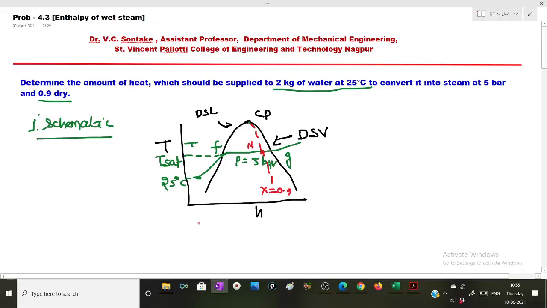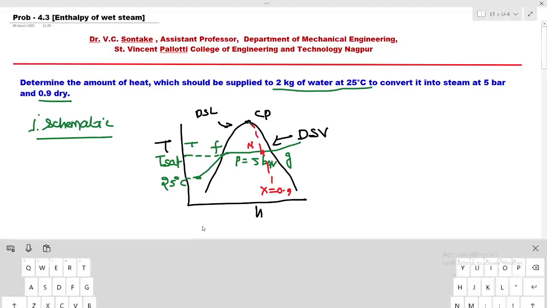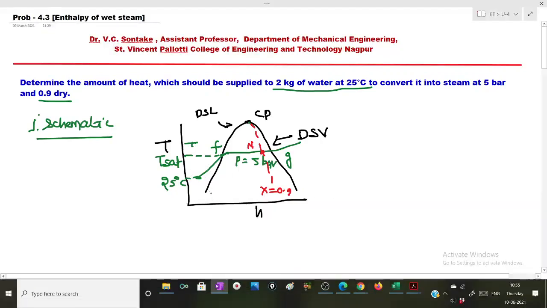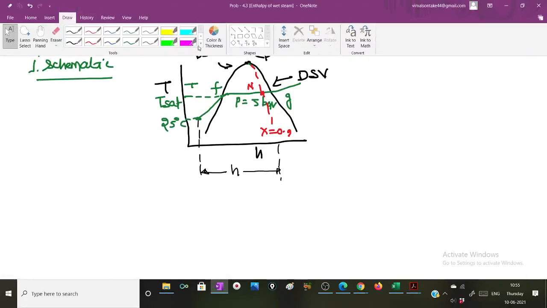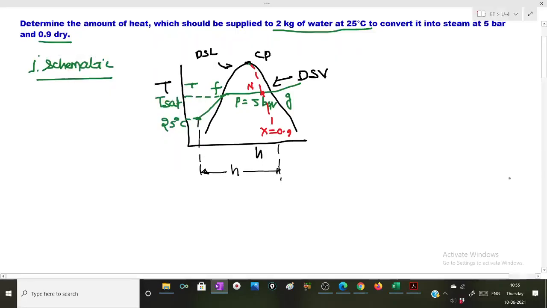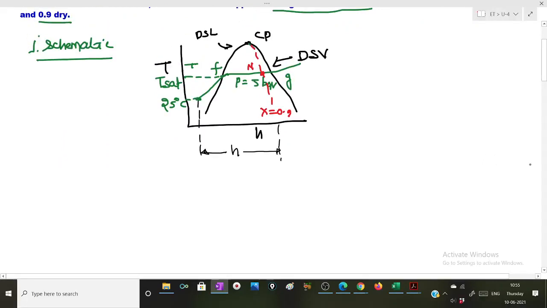So how much heat am I supposed to supply here? This much heat. So this enthalpy I am supposed to calculate. So this is the required schematic of this problem.